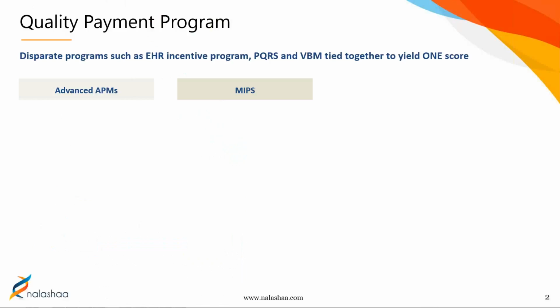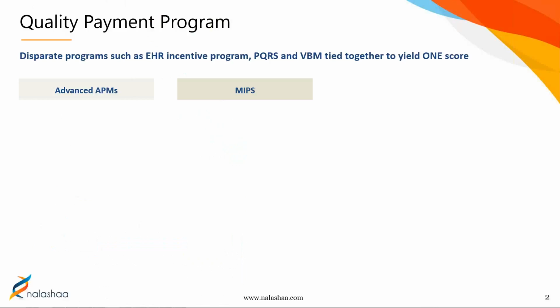A few models that fall under the advanced APMs are CPC Plus, next generation ACOs, oncology care models, your ESRDs, and shared savings programs, specifically Track 2 and Track 3. While the risk is really high, the earnings are really more compared to the second part, the merit-based incentive programs. This is the component that we are actually going to highlight in today's webinar.